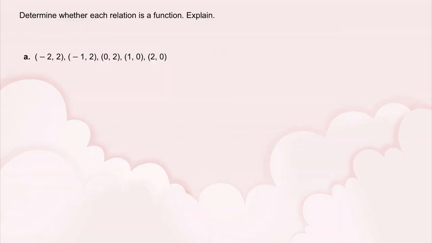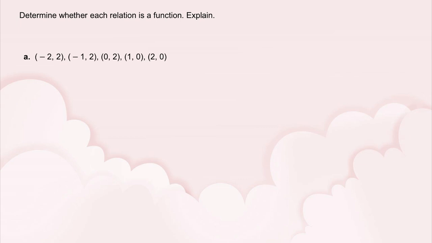So let's determine which of these relationships is a function. I want to know which are my outputs here. The ones on the right. Who can tell me what my inputs are here? To the left, right?